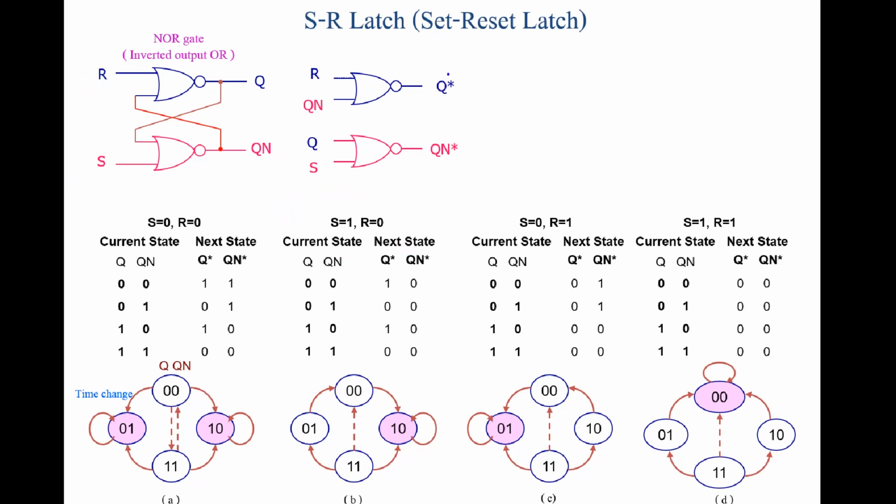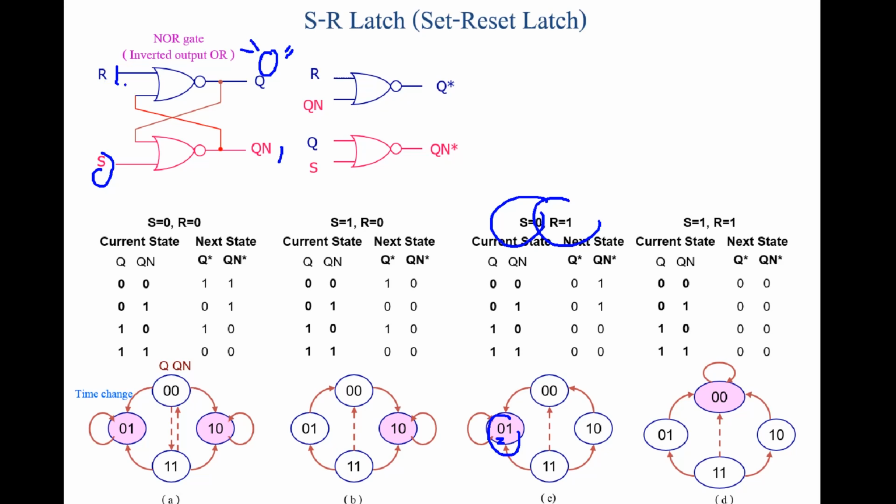And when you apply S is 0, R is 1, it's stable at 0 1. Q is 0, right? Qn is opposite to Q, is 1. Let's focus on this one.